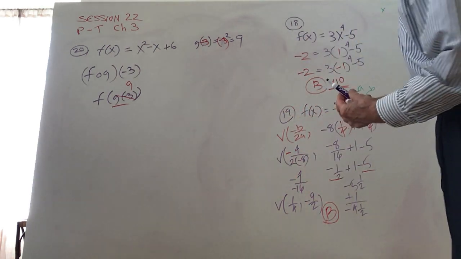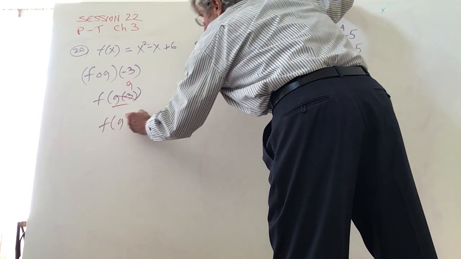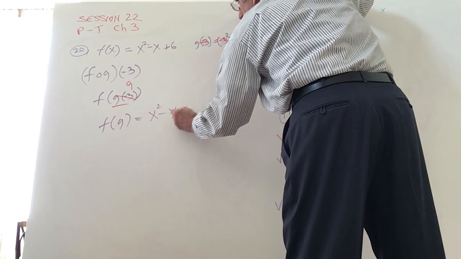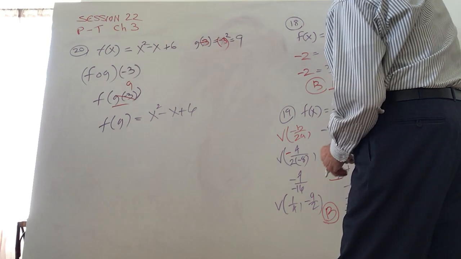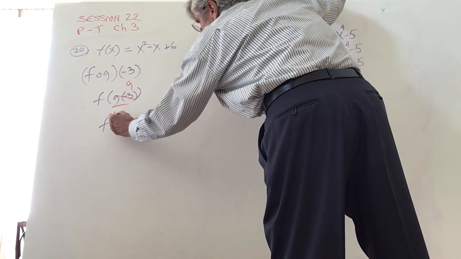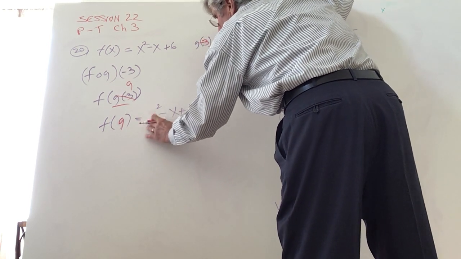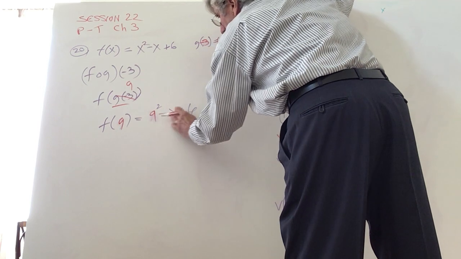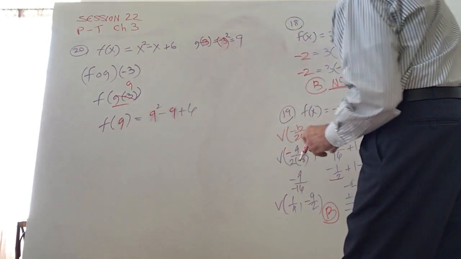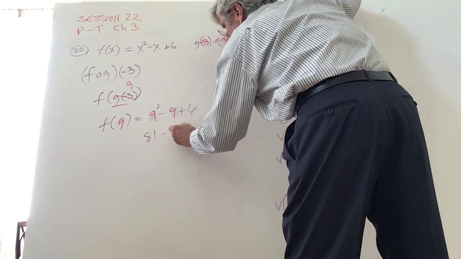What we're looking for now is f of 9. So we'll go back to our f function right here, x squared minus x plus 6, and we'll insert a 9 in place of each x. 9 squared, 81, minus 9 plus 6.